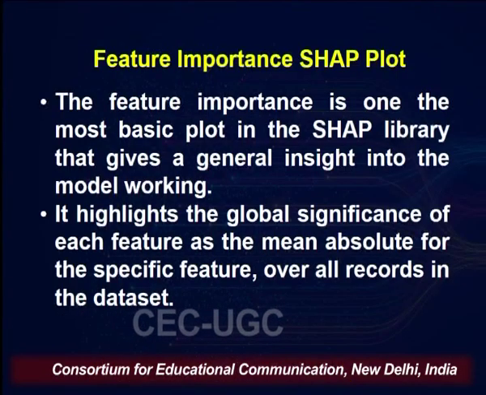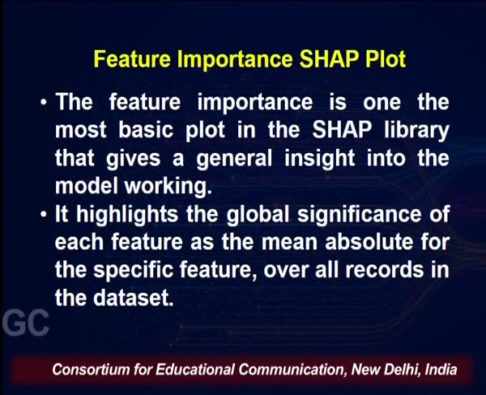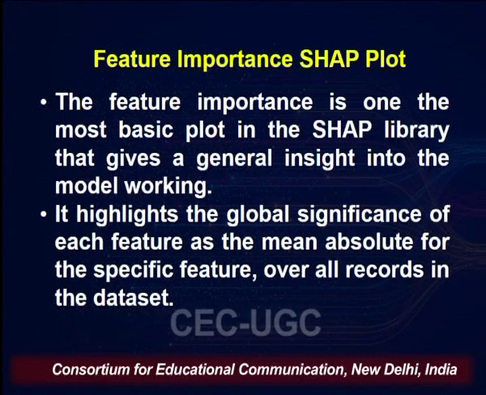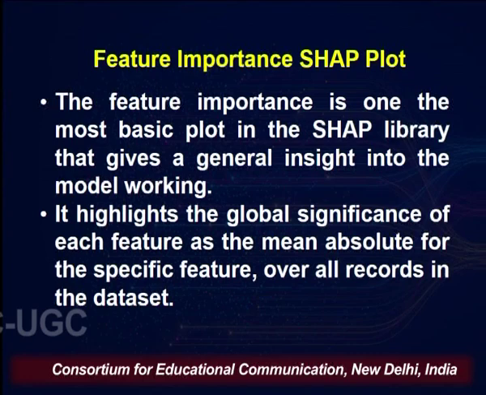Okay. So now let's see what the different model summary SHAP plots are. The first one is the feature importance SHAP plot. Feature importance, as the name goes, shows how important a feature is when it comes to the model prediction. Now, every time I say model prediction, remember that it is just an abstract term.